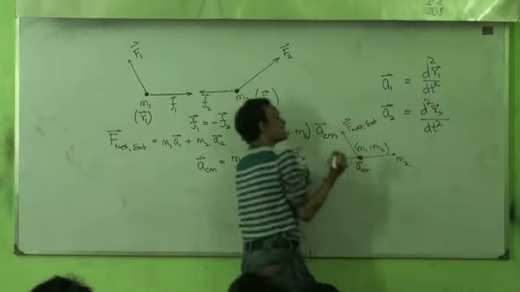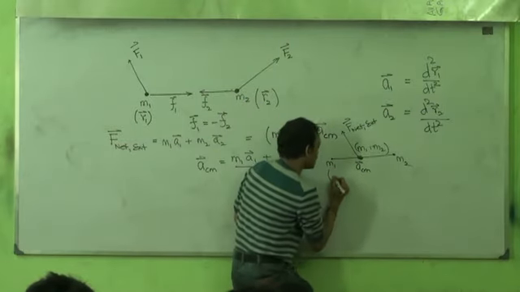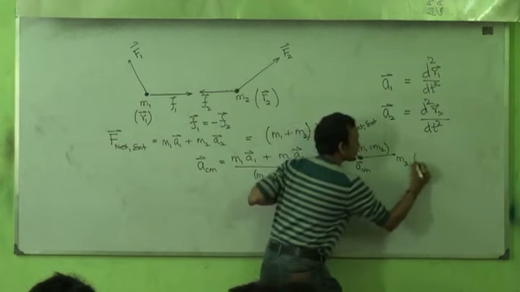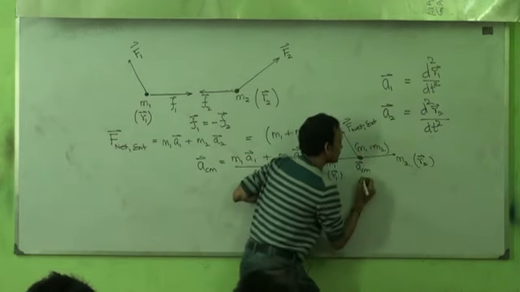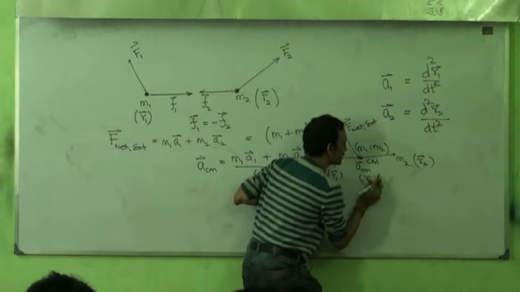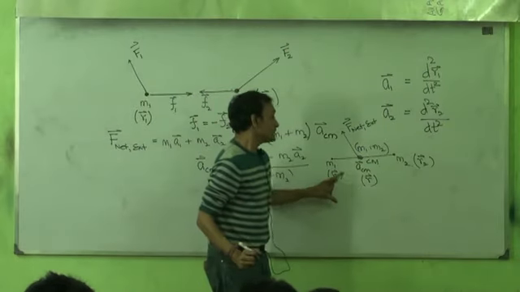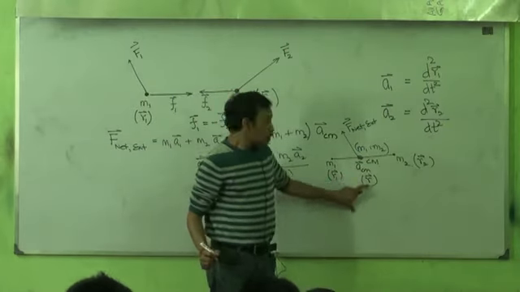This position is the center of mass position between m1 and m2, and if m1 is located at r1, m2 is located at r2, and this center of mass position, let's say at this instant, is located at some R, then what would be the acceleration of the center of mass?